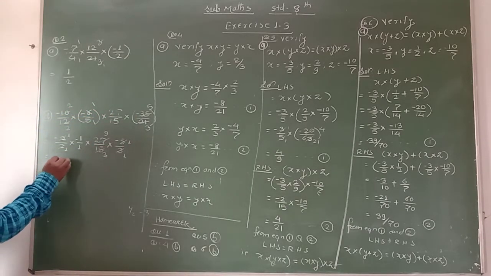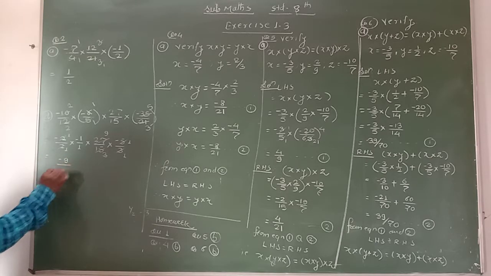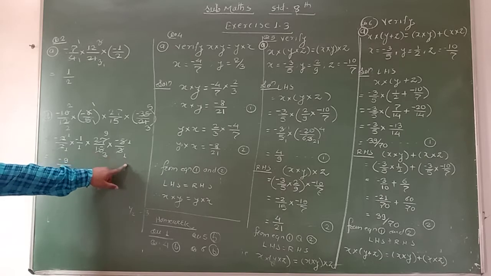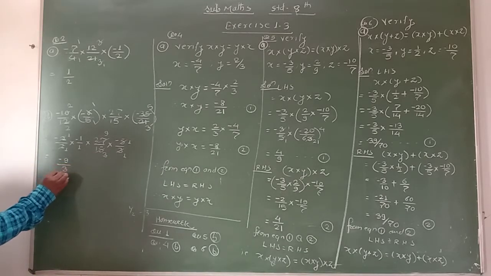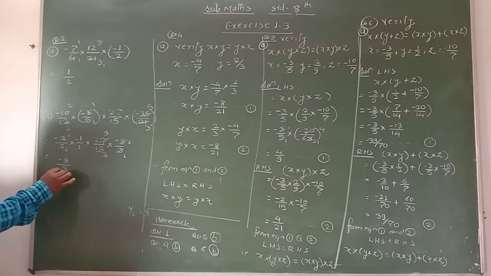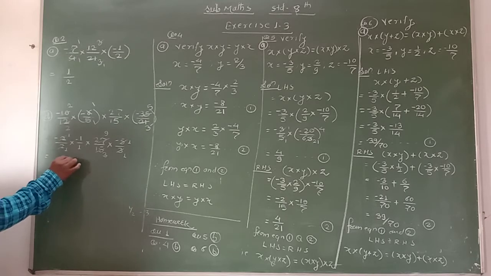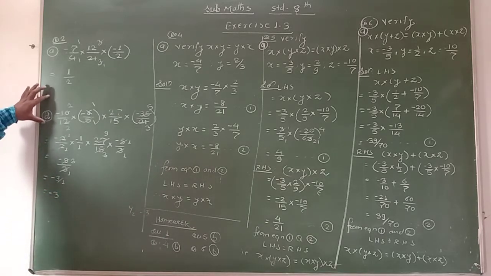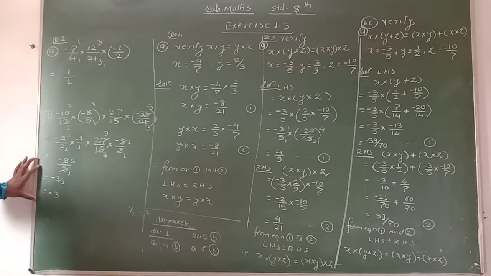Their multiplication here we get minus 9, and in the denominator there is 1 into 3 into 1, that is 3. Again we can write 3 ones are 3, 3 threes are 9. Therefore here we get minus 3 upon 1, that is minus 3. This is the product of the given rational numbers in their simplest form.